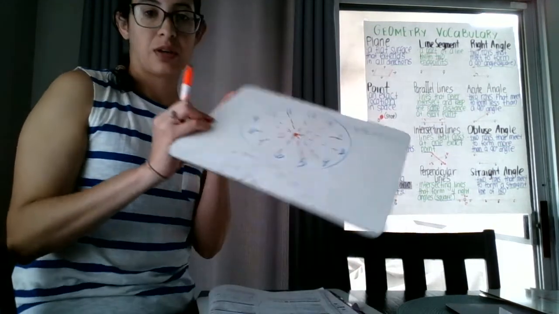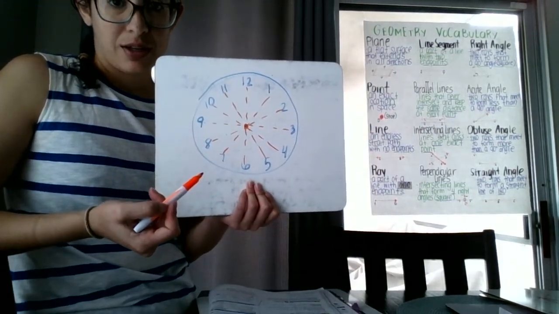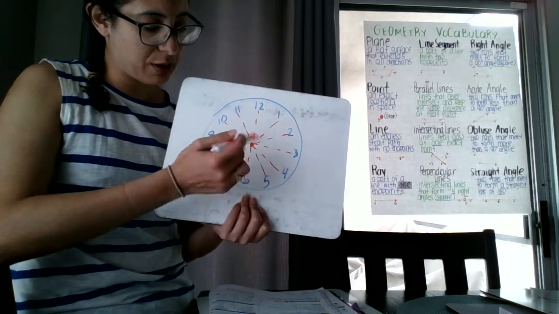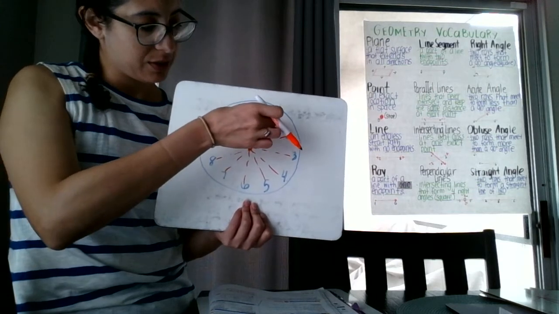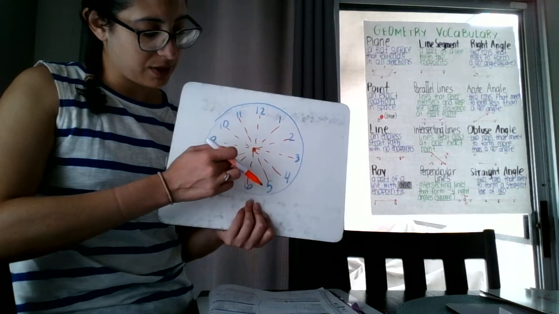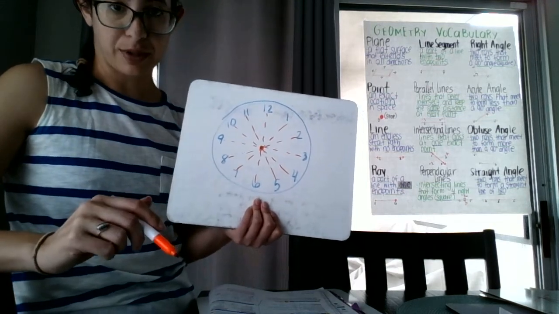Okay. Here's my clock. When I look at a clock, it is technically broken up into 12 parts, right? 12, 1, 2, 3, 4, 5, 6, 7, 8, 9, 10, 11, 12. 12 parts, okay?